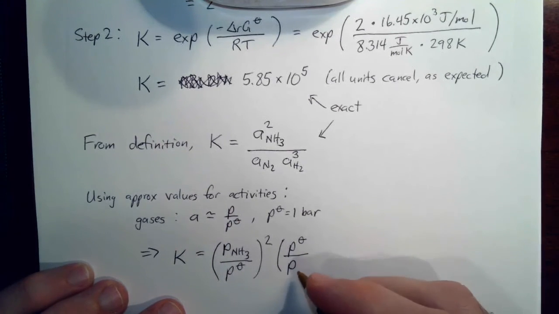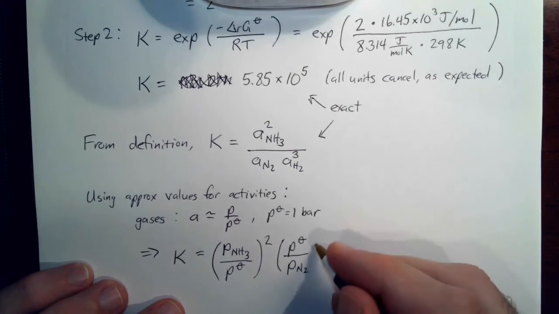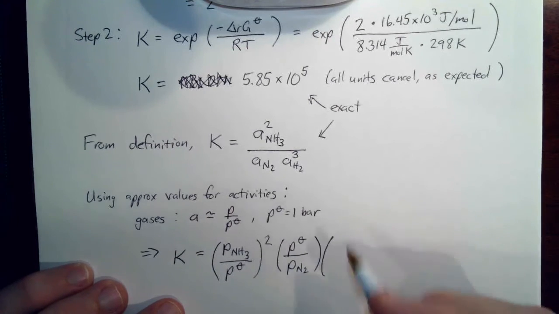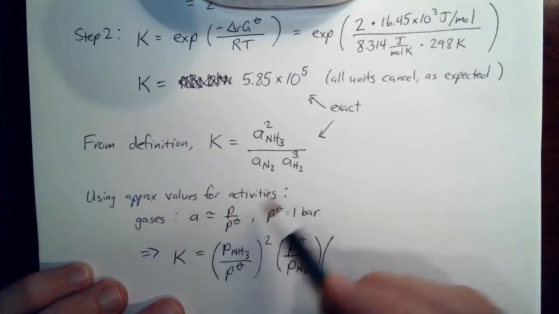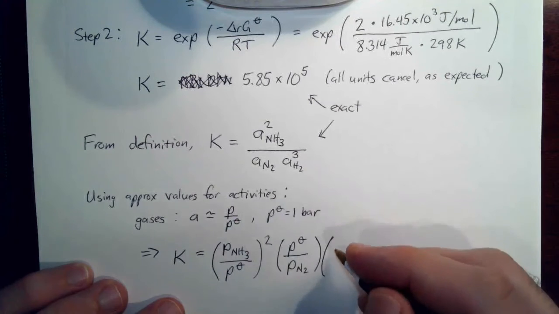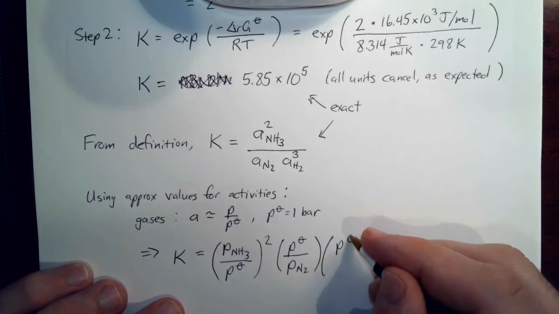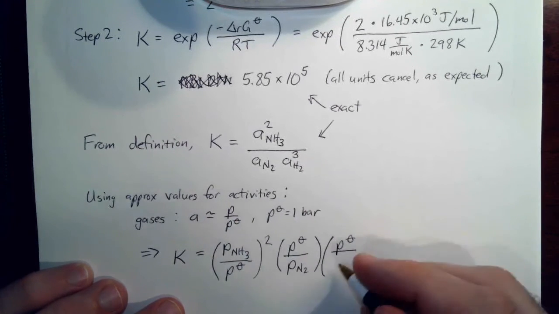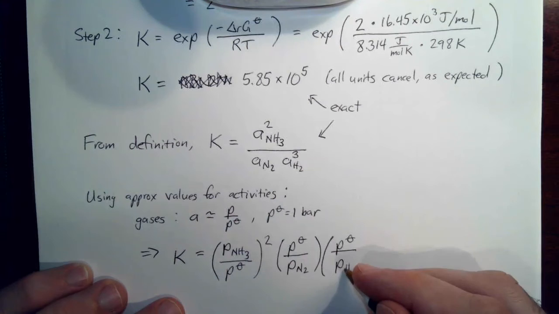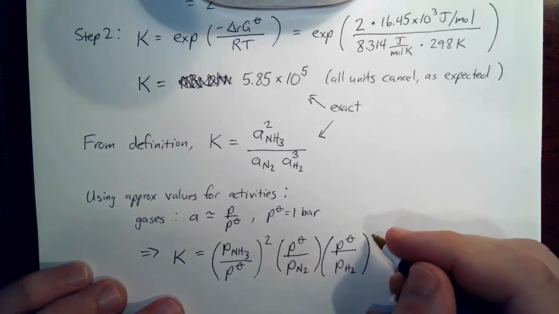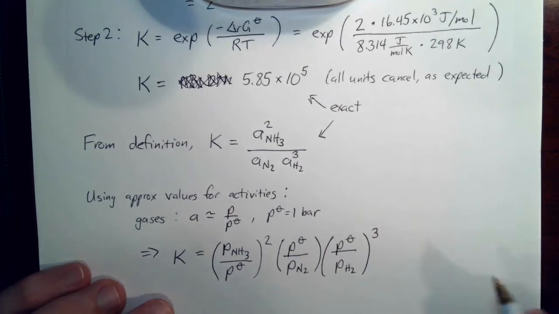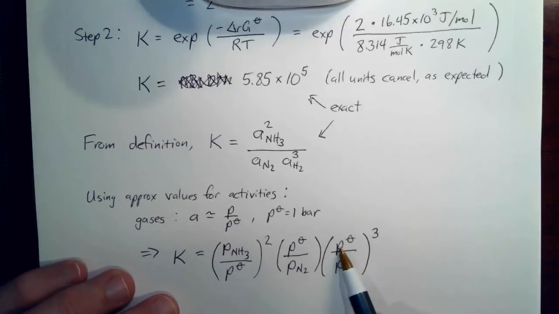So standard pressure over the partial pressure of N2. And then same thing here, reciprocal of this fraction, since it's in the denominator. I'm going to get the standard pressure over the partial pressure of H2 cubed. And we see I have a standard pressure cubed and another one, so that's 4th power in the numerator, 2nd power in the denominator. So I'm left with the 2nd power in the numerator.